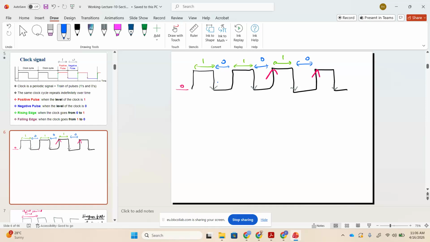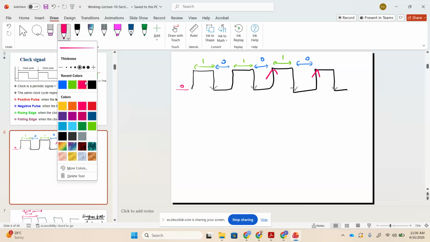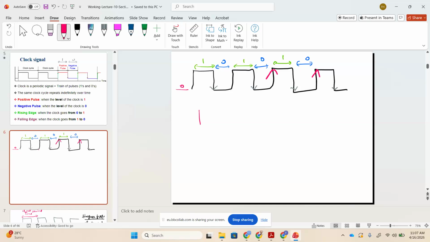Now, if you look here, anyone may answer for bonus marks. What is this thing called, the red one? This thing is called a rising edge. Anyone may answer, 5 seconds. When will the rising edge occur, when we make a transition from what? 0 to 1 or 1 to 0? Rising edge means 0 to 1.